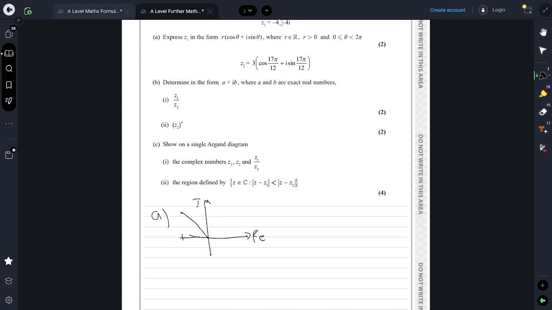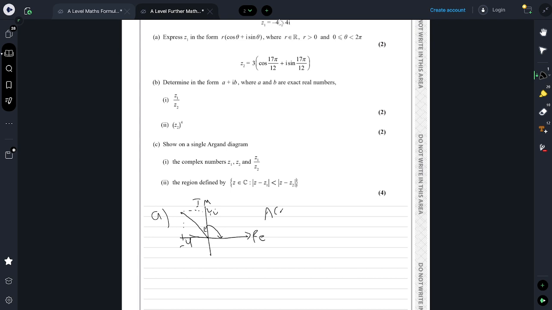The argument is going to be here, right? This angle here. This whole angle when we go from 0 to here. I should probably say that's 4i and that's -4.